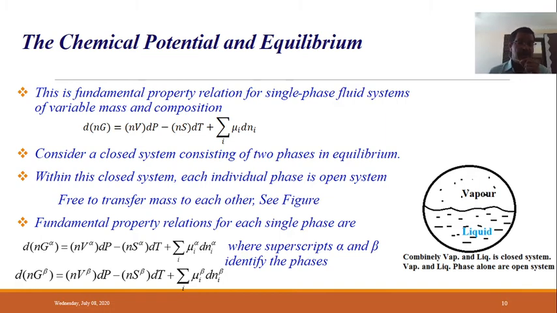So you can put the fundamental property relation for the vapor phase, the alpha phase; it is the same relation, only with superscript alpha, and we have the chemical potential for the alpha phase for the ith species. Similarly, I denote the liquid phase as the beta phase: d(nG) beta is equal to (nV) beta dP minus (nS) beta dT plus summation of mu i beta dni beta.